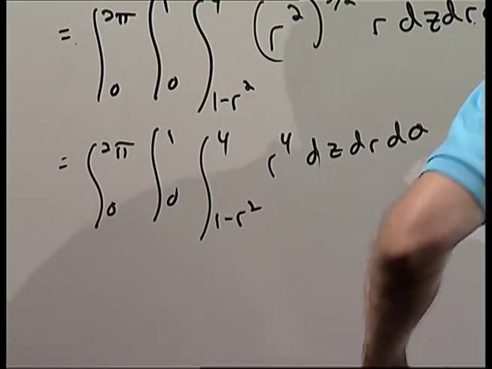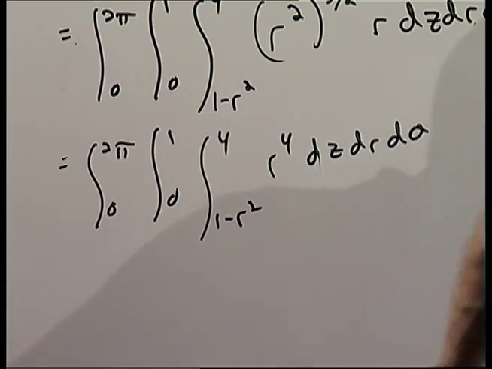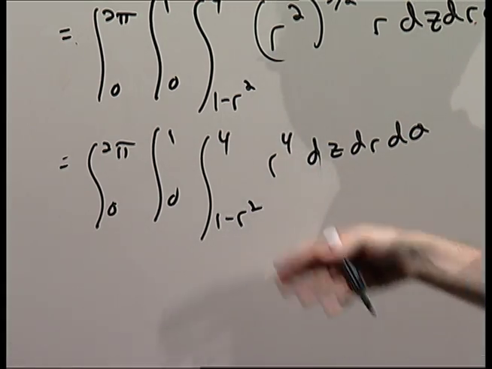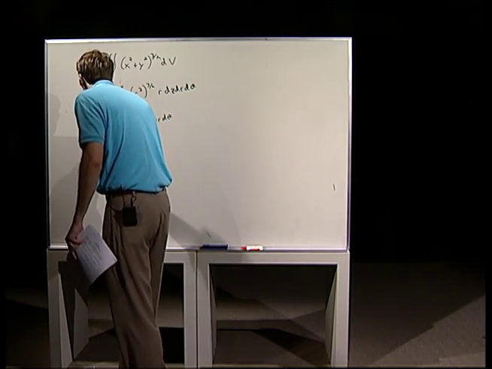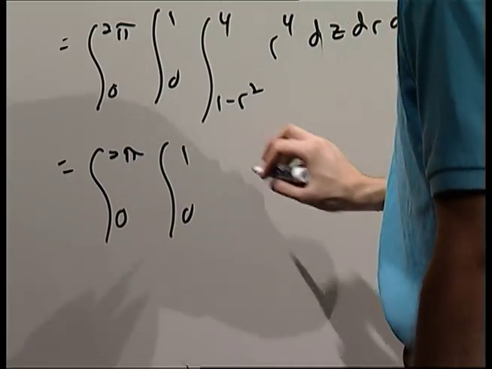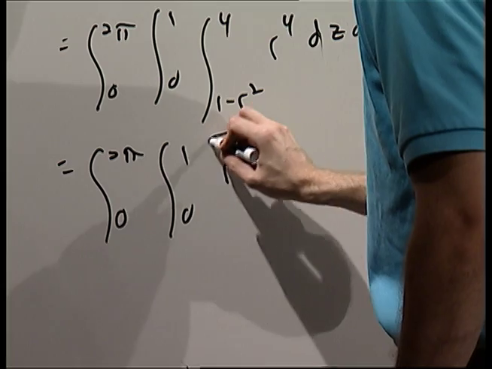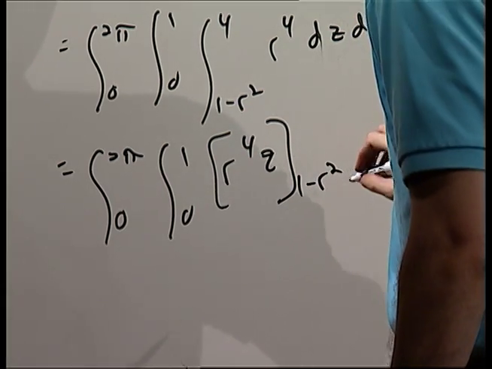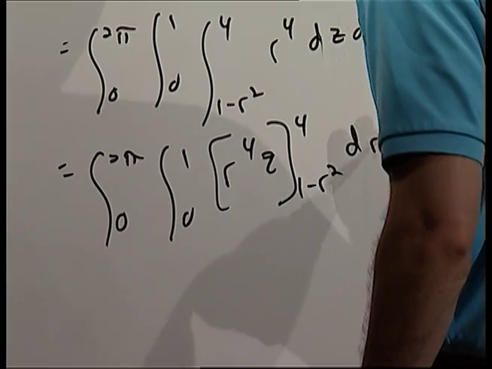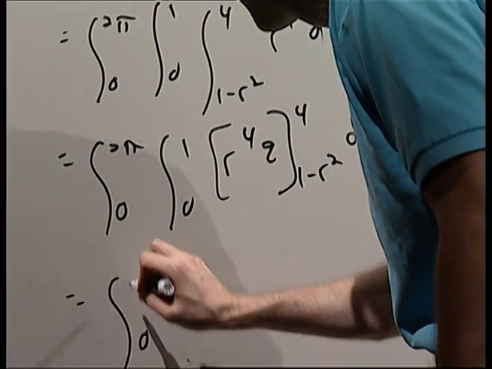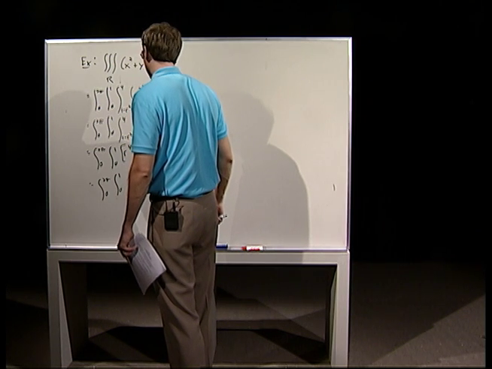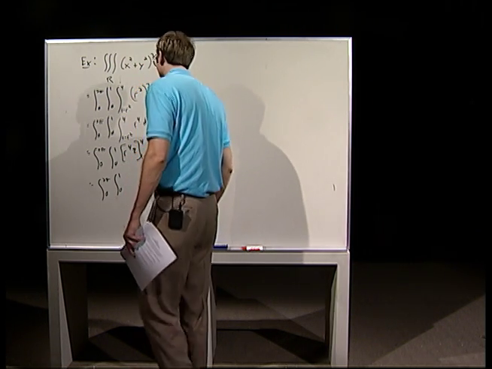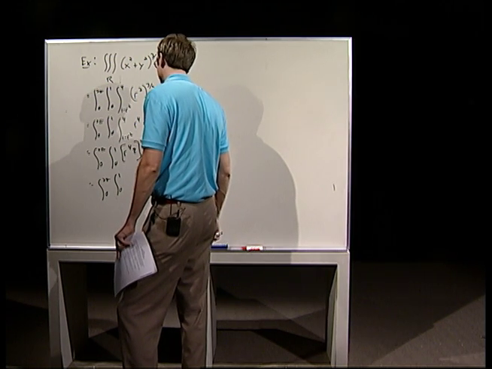All right, so we can now begin our integrating. Things look pretty easy to handle here. This is just polynomials. So 0 to 2 pi, 0 to 1, this is r to the 4th z, evaluated from 1 minus r squared to 4, dr d theta. Plug in, so I get 4r to the 4th minus r to the 4th plus r to the 6th.